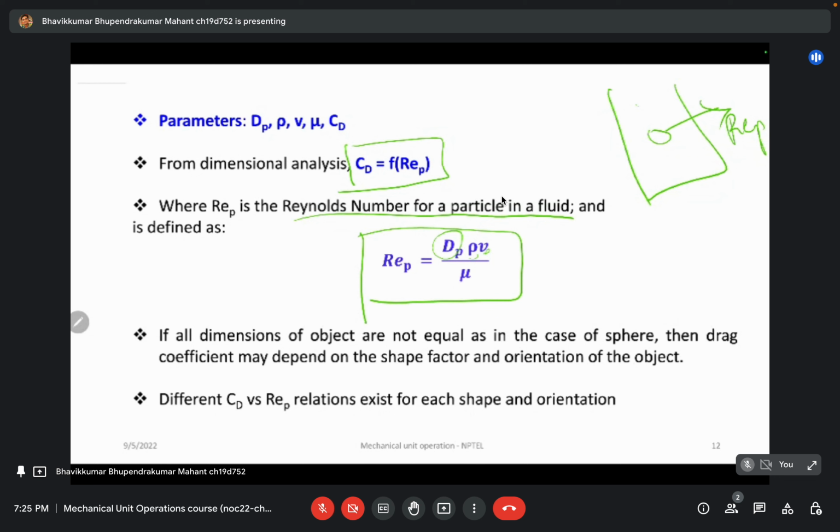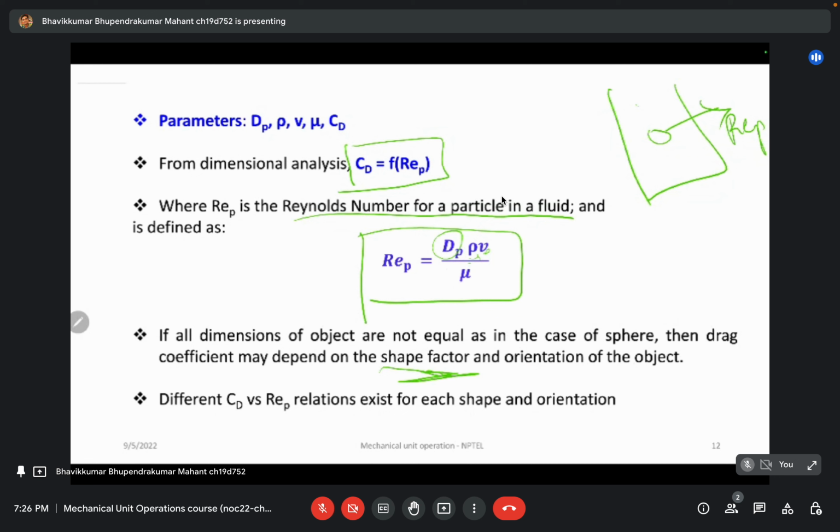If all dimensions of the object are not equal, as in the case of a sphere, then drag coefficient may depend on the shape factor and orientation of the object. So generally Reynolds number is a dimensionless number. Sometimes if our dimensions are not equal, then we need to consider what is the shape factor of the particular object and what is the orientation of the object.